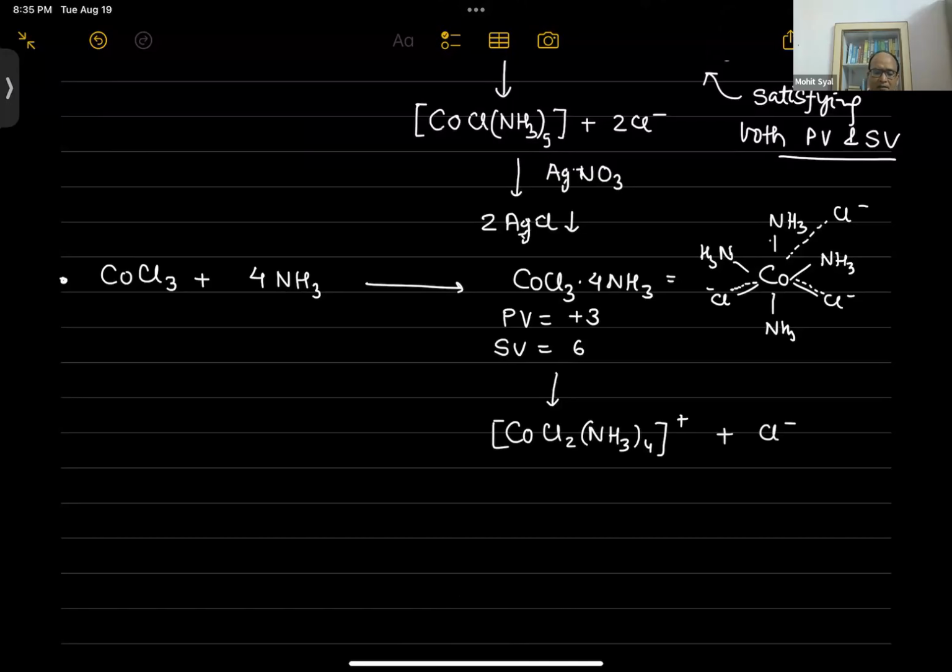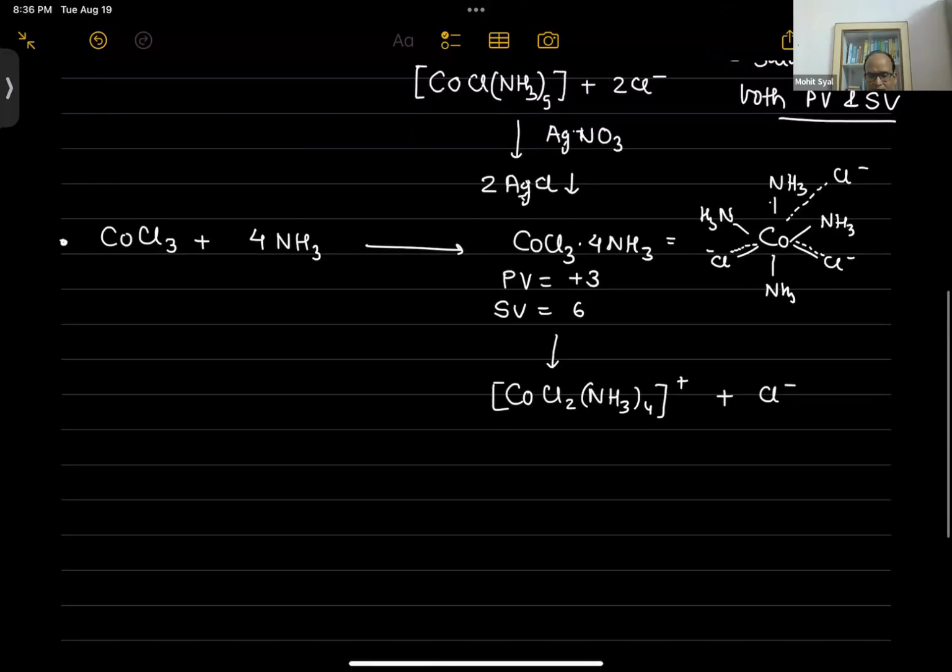Only one ionizable Cl will be there. And how did Werner come to know about it? By adding AgNO3. Only one mole of AgCl was precipitated.